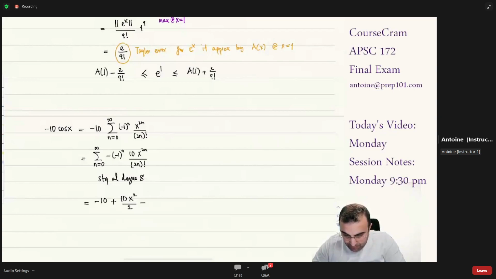For n equal to 3, that's minus 10x to the 6 over 6 factorial. For n equal to 4, this is n equals 0, 1, 2. Hold on, I made a mistake. So n is equal to 0, n is equal to 1, n is equal to 2.